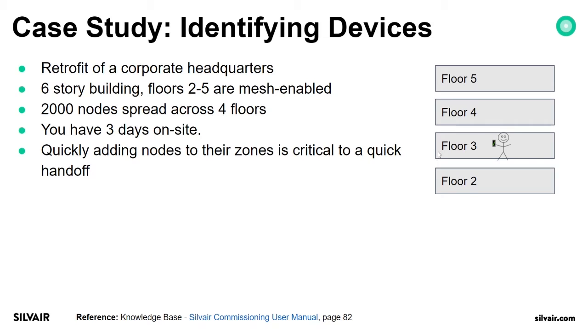It's very important to observe the attenuation of the devices you try to add, because the mobile application can show you the nodes from different floors. So if you do not observe and you count on the distance, you might be surprised that you've commissioned devices from a different floor.